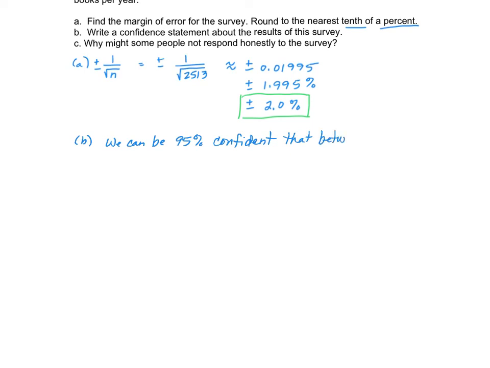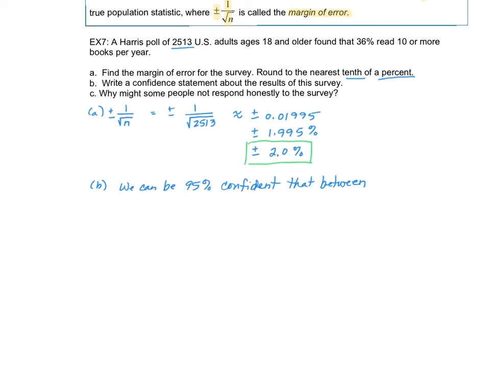between, and this is where we're going to look at our data. So our result was that 36% of the people that we sampled said they read 10 or more books per year. But we had this error of plus or minus 2%. So we're going to add the 2% and we're going to subtract the 2% from our result of 36%.